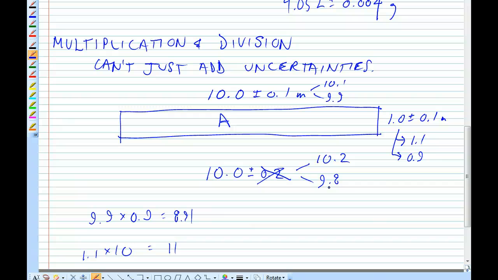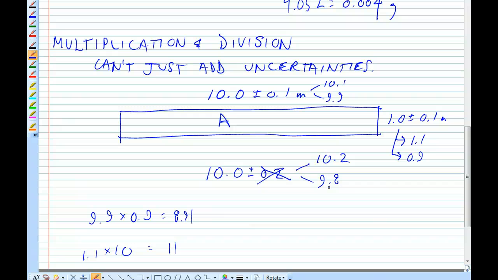But in this case, 0.1 is 10% of my measurement. In this case, it's 1%. Follow me? So I have 10% error here, 1% error here, 11% potential error in my answer. Follow me? And this is not 2%.